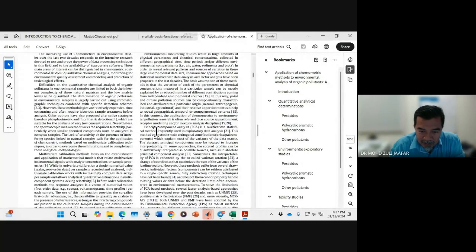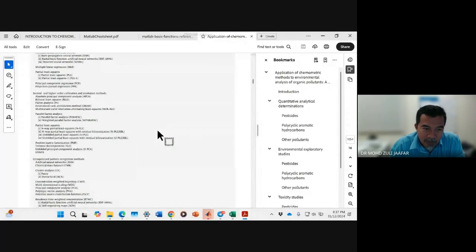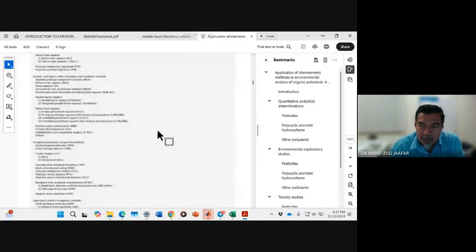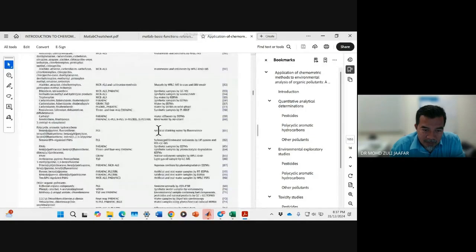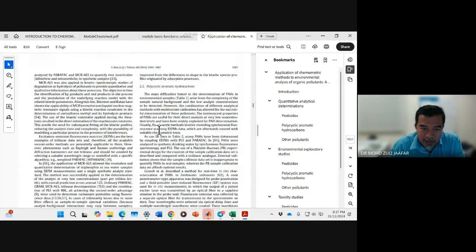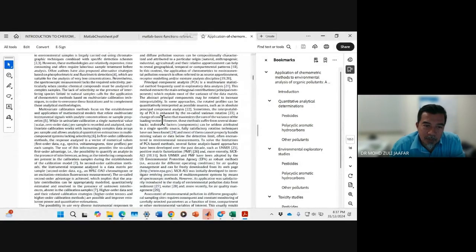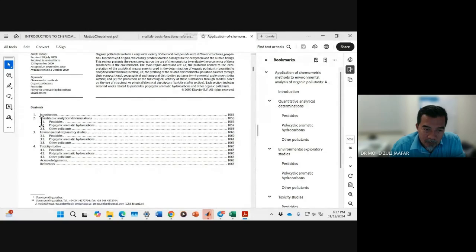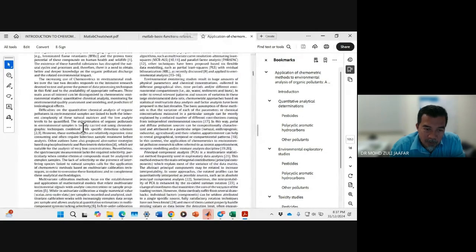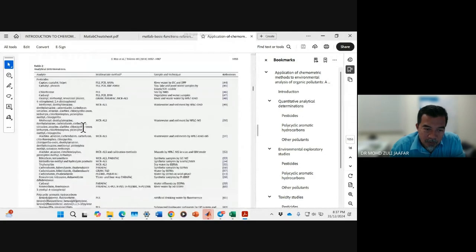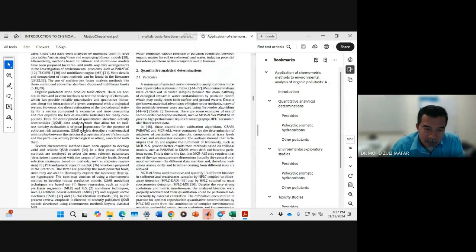Let me try to explain the first one. Let me go to the table of contents. Quantitative, pesticide, 2.1. Okay, pesticide.